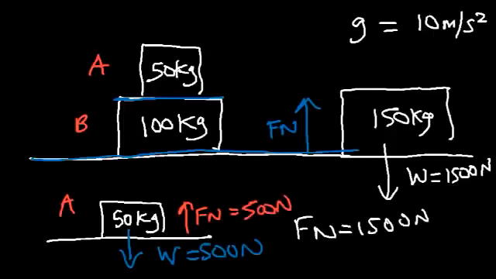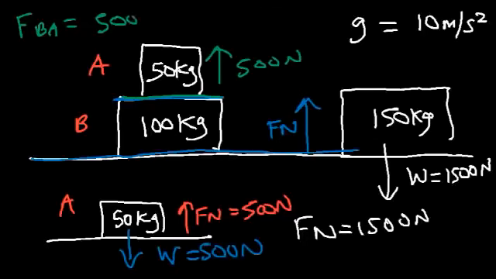So therefore we could say that the force that B exerts on A is the normal force of this surface, which is 500 newtons. So the force that A exerts on B is the weight force of block A, which is also 500.